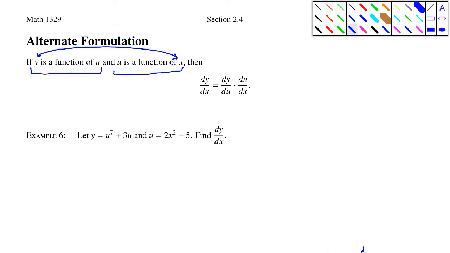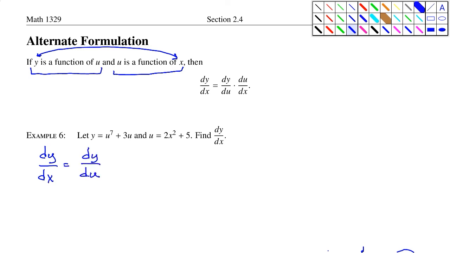All right, so let's see an example with just straight up algebra. Example 6, let y equal u to the 7th plus 3u, and u is equal to 2x squared plus 5. Find dy/dx. So I'm going to have to go through the u to get this. So dy/dx is dy/du times du/dx.